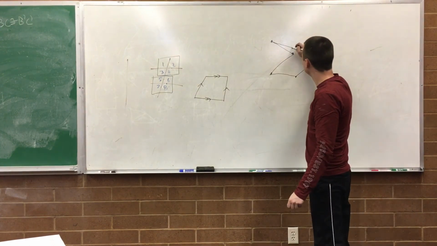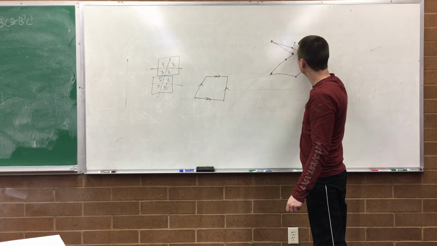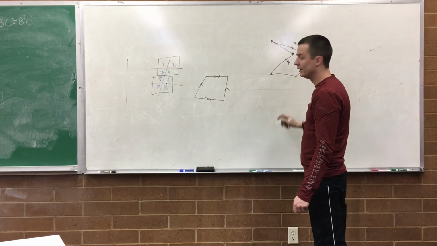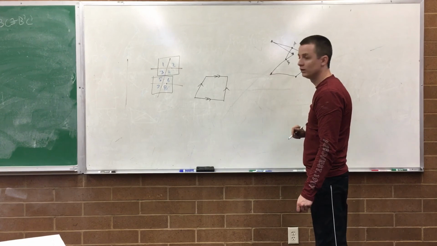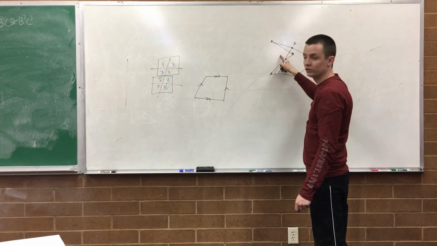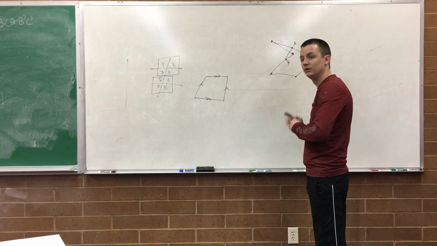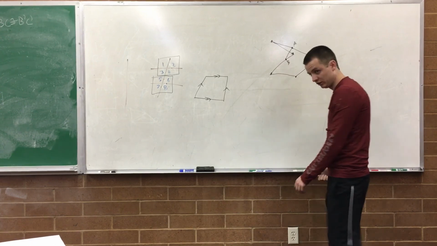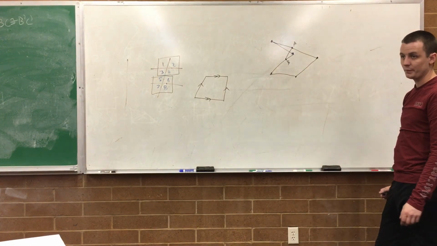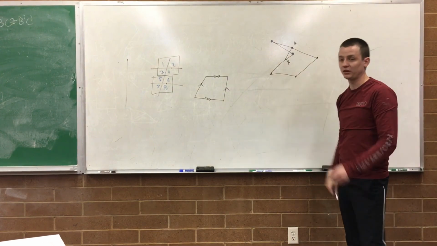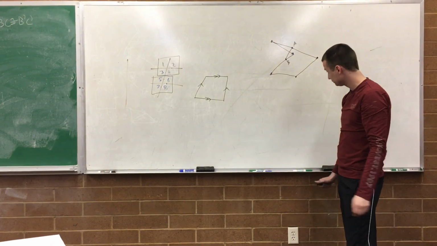So pick any 2 points A, B. If the line segment between them is ever exterior to the polygon, then it's not convex. If it's always interior or directly on the polygon, it is convex.